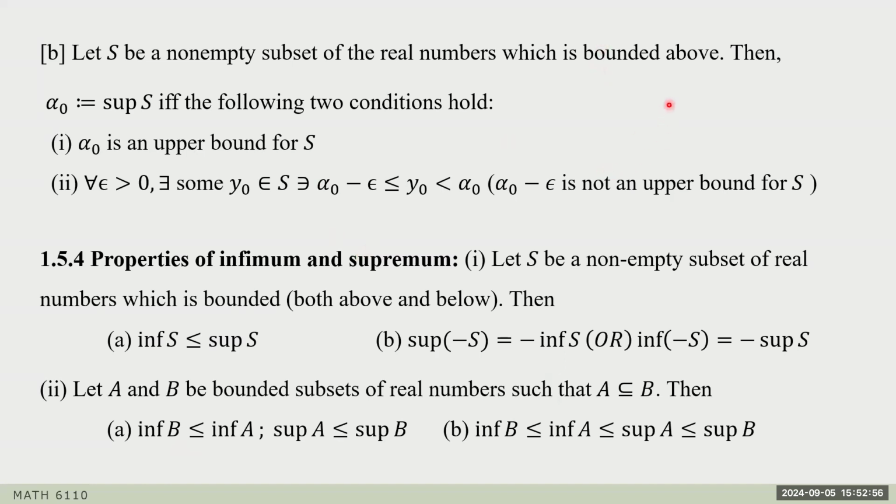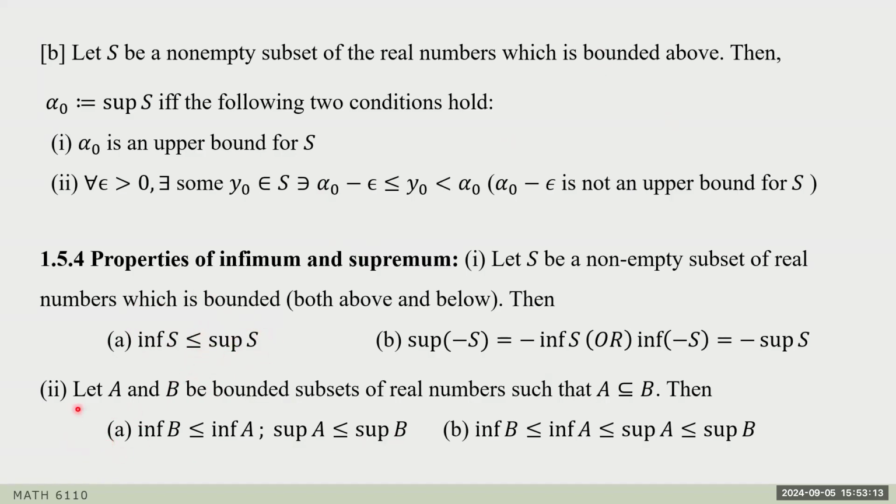Okay. And the supremum of A is less than or equal to the supremum of B. But if we look at part A, the property A, it says that the infimum of a set is less than or equal to the supremum of that same set.